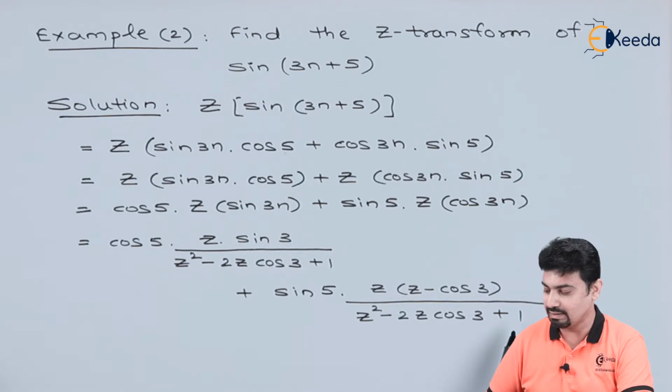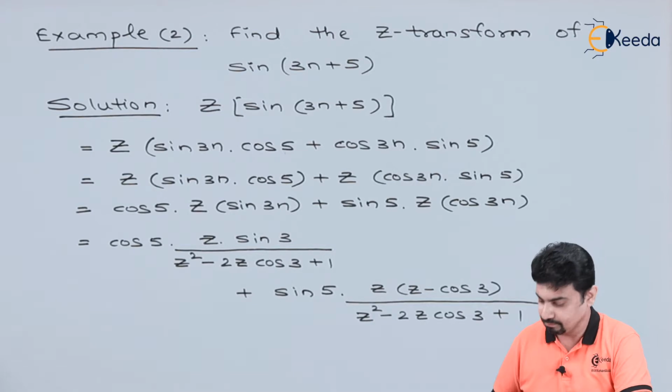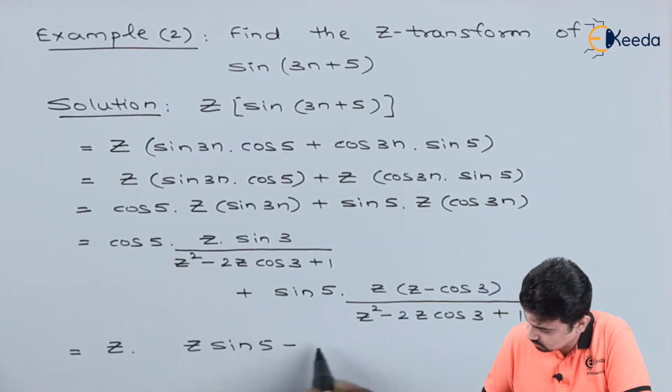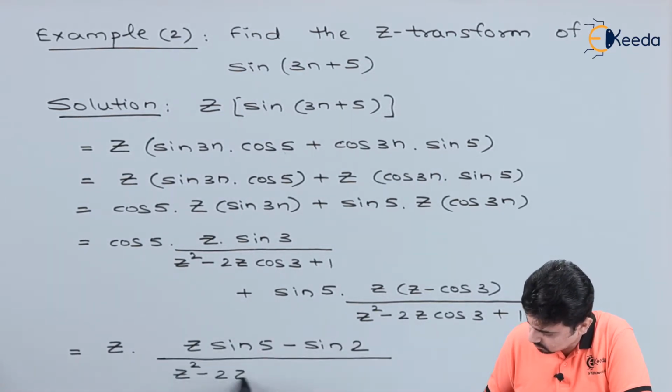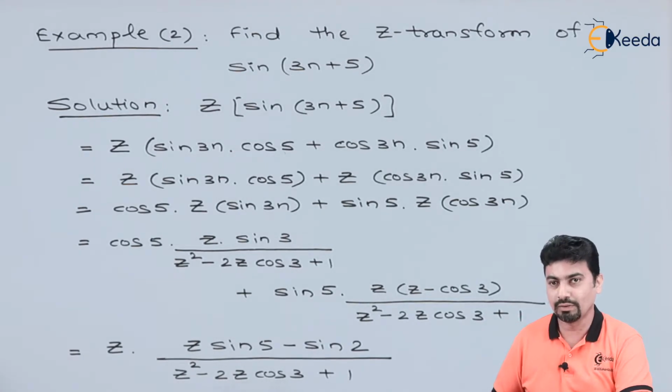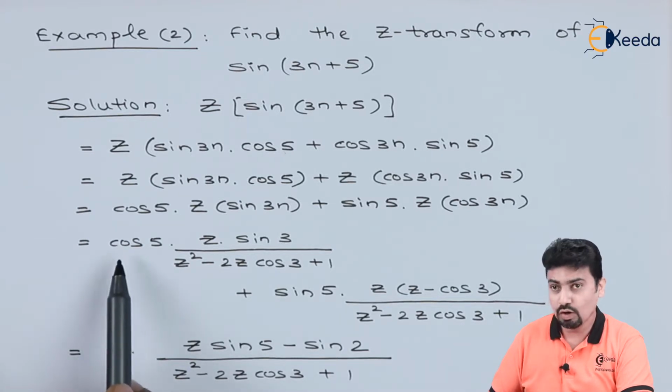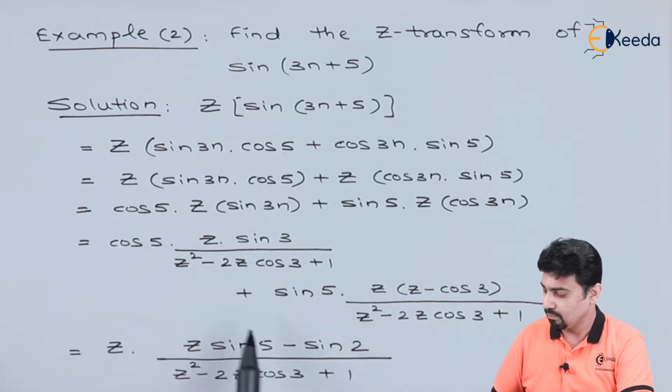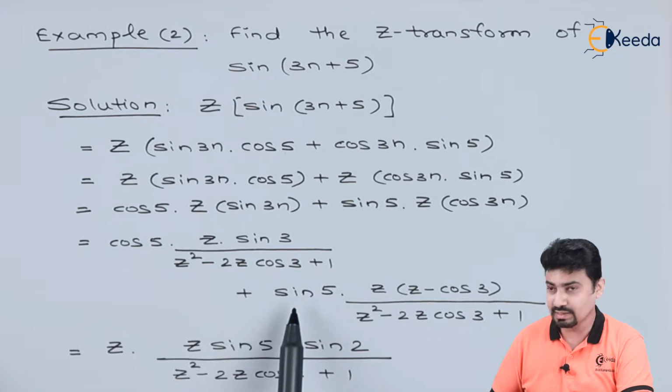We can see that we can take certain part outside as common, and thus we can write as here. What we have done is we have taken the denominator constant, and in the numerator for the first part we had Z cos phi sine 3 plus Z sine phi cos 3 into Z square sine phi.